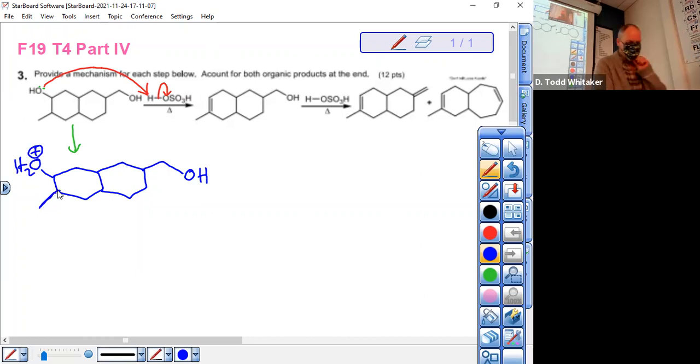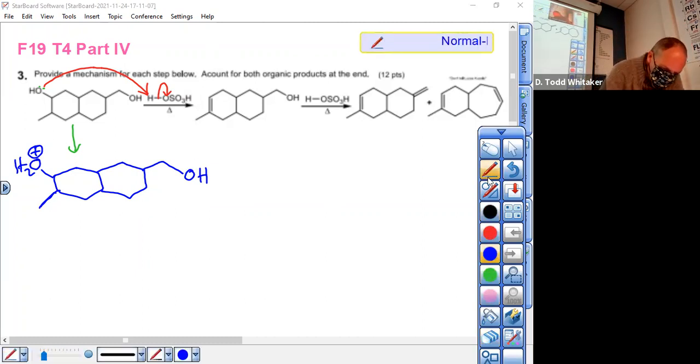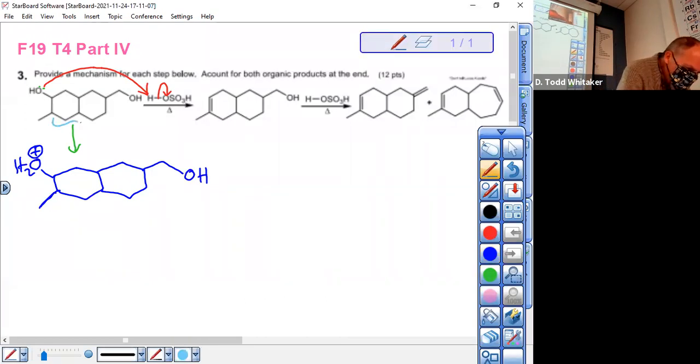Can we do the R thing? R's tricky because they like over here. We had a suggestion to do the R thing, and I'm going to try my best. I think the best I can do would be something like this. Well, you need the next carbon over too, because something's going to happen there.